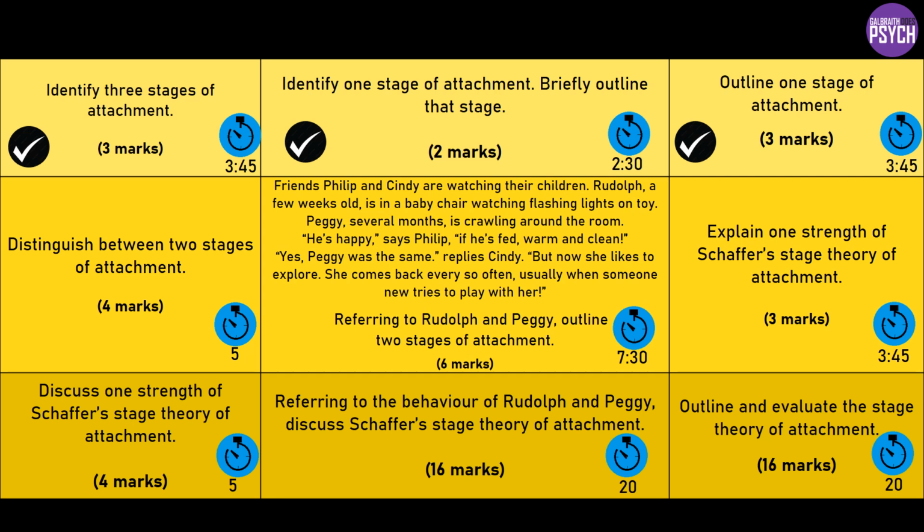For 4 marks, maybe look for 2 points of difference, okay? So something like this. The indiscriminate phase, the second phase, occurs around 2 or 3 months old, whereas the discriminate or specific phase, the third stage, occurs around 7 or 8 months old.